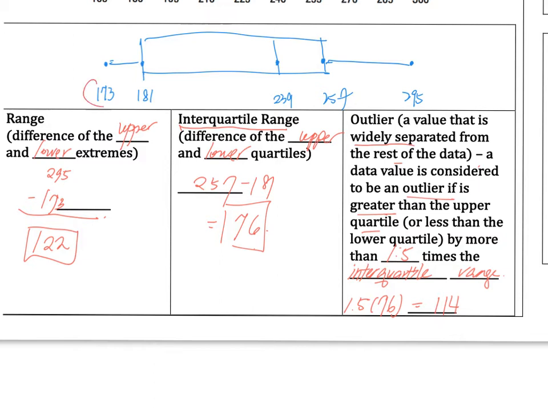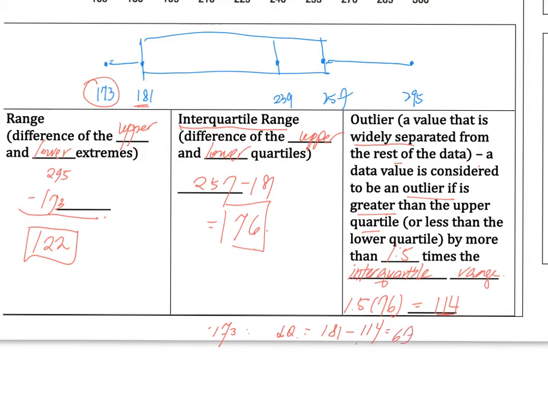Now to check if 173 is an outlier, I need to first work with the lower quartile. I need to do 181 subtract 114, which is 67.